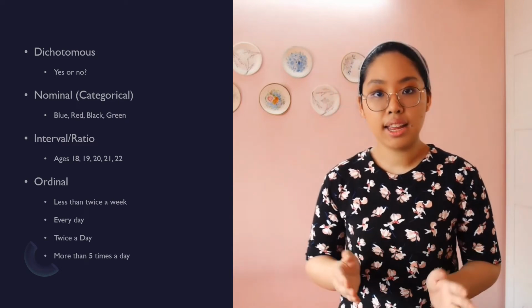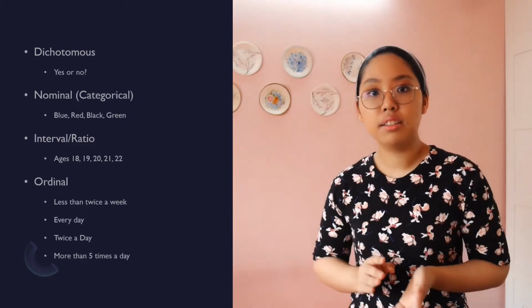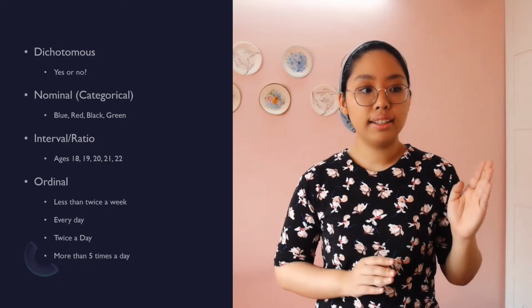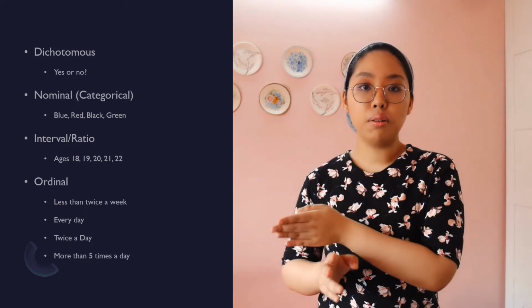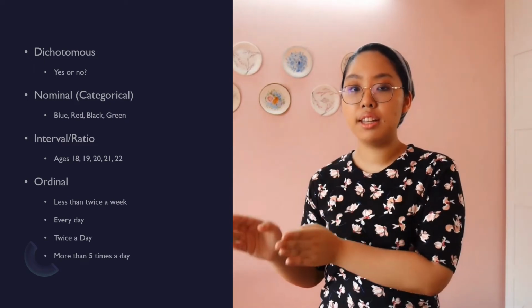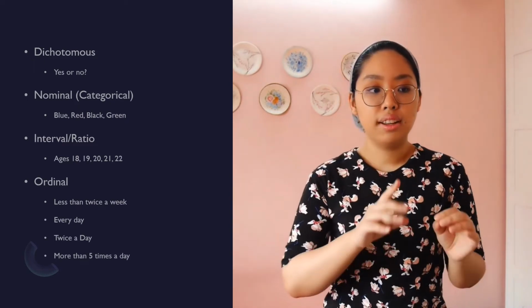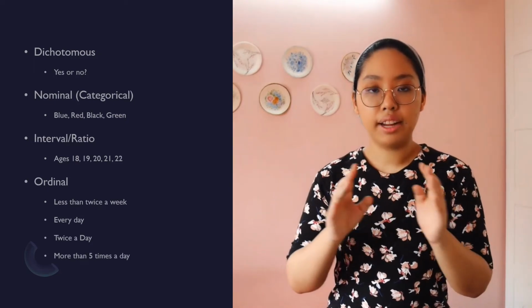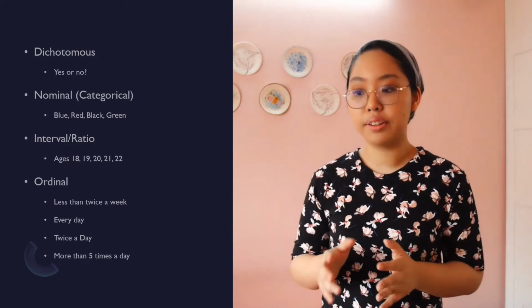Something like age could be an interval ratio where you ask someone, are you age 19, 20, 21, or 22? There is a fixed gap between each of these variables, which means that these variables are one after another. They have a relationship to each other.